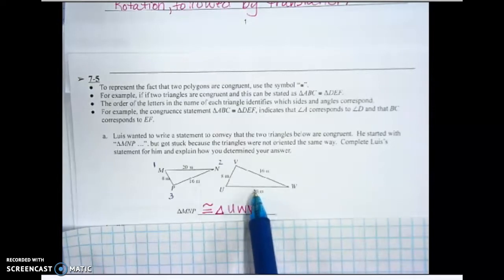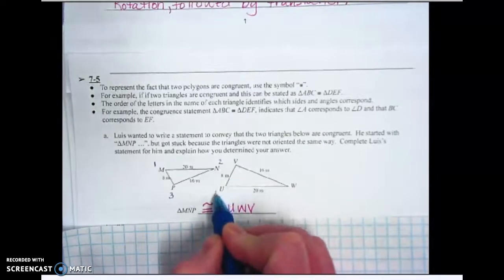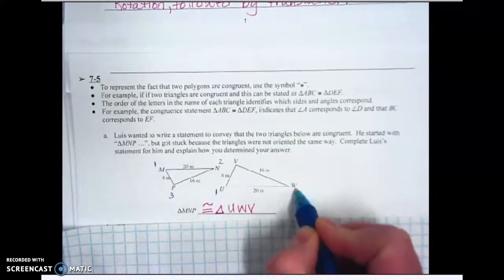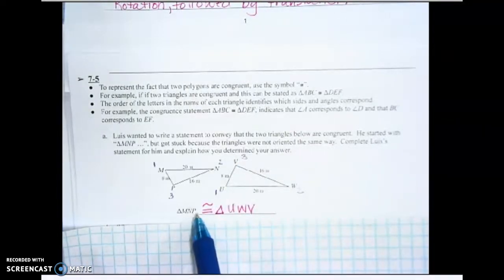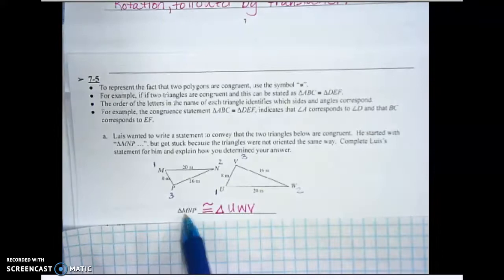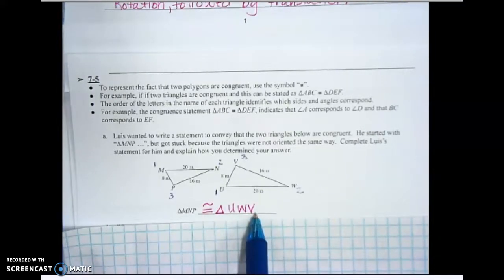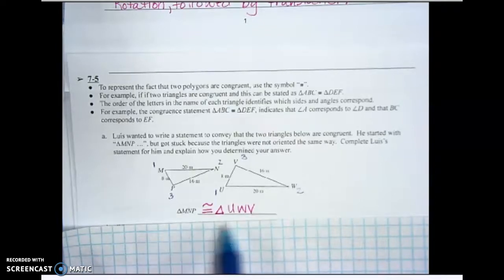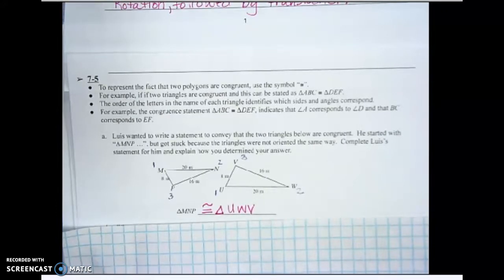Then we need to make sure that the 1 is closest to the 8 millimeter side, which is going to make it U. That makes this angle 2, and this one the third one. So you have to say that triangle MNP is congruent to triangle UWV. If you said that it was congruent to triangle WVU, you would be wrong. It has to be the same order.